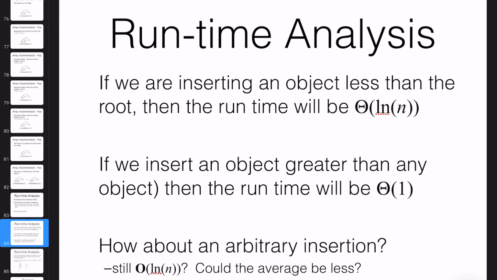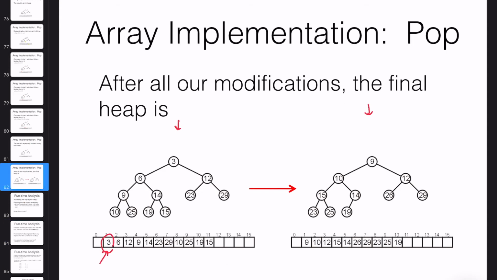What if the value that I insert stays here? What if it needs to percolate up until this level? What if it ends up at this level? I would calculate all of these, get the average, and this is going to be the time complexity in the average case.